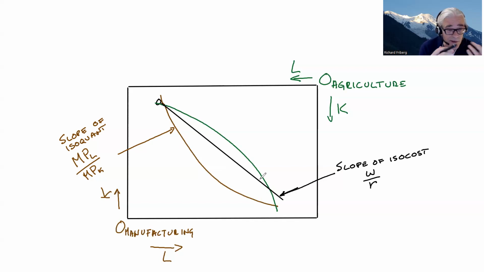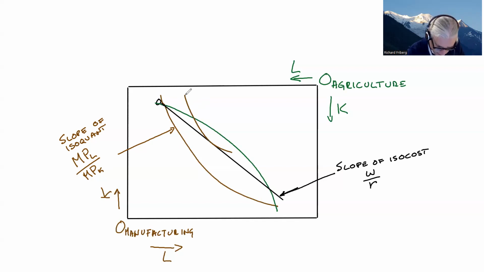So what do we know? Well, we know that if they're cost minimizing, they will choose a point at which the ratio of marginal product of labor over marginal product of capital is equal to wages over the rental rate of capital. Okay, so they will work towards a tangency point. We can illustrate such a tangency point.